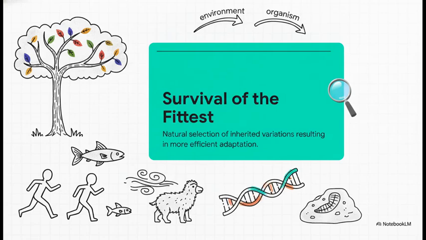But hold on, it's important to remember that a variation shouldn't be thought of as some universal improvement. Not at all. A variation is only successful if it results in a more efficient adaptation to a very specific changing environment. If a minor change helps an organism survive and compete for resources right then and there, it lives to reproduce. If it doesn't, well, that genetic line simply ends.